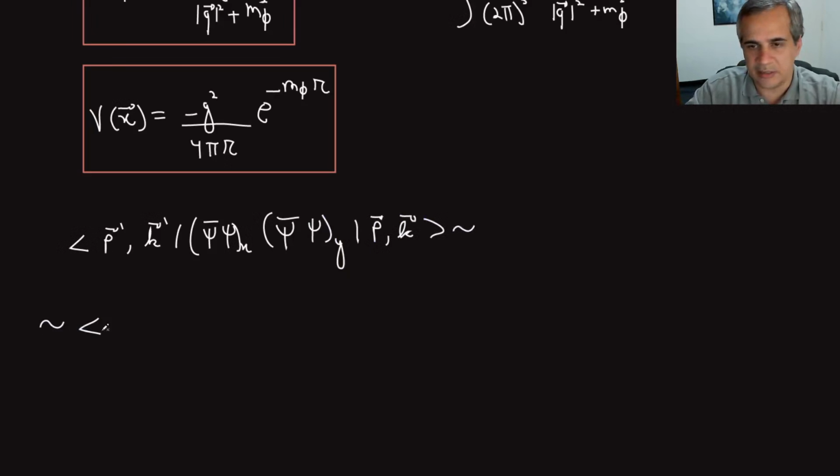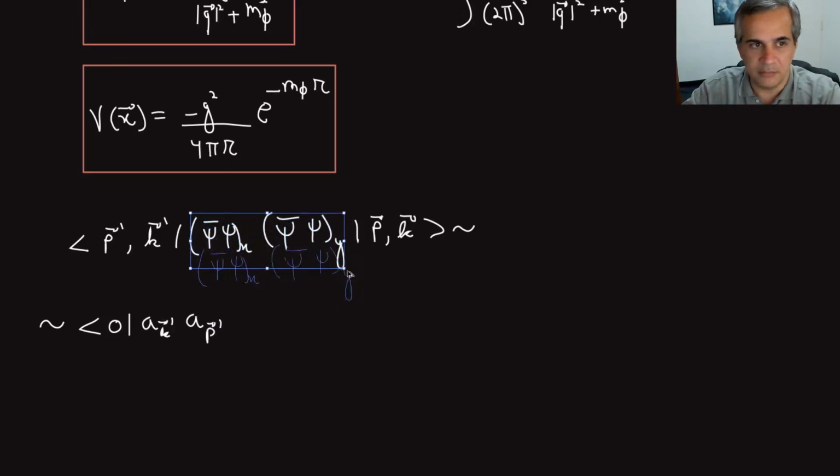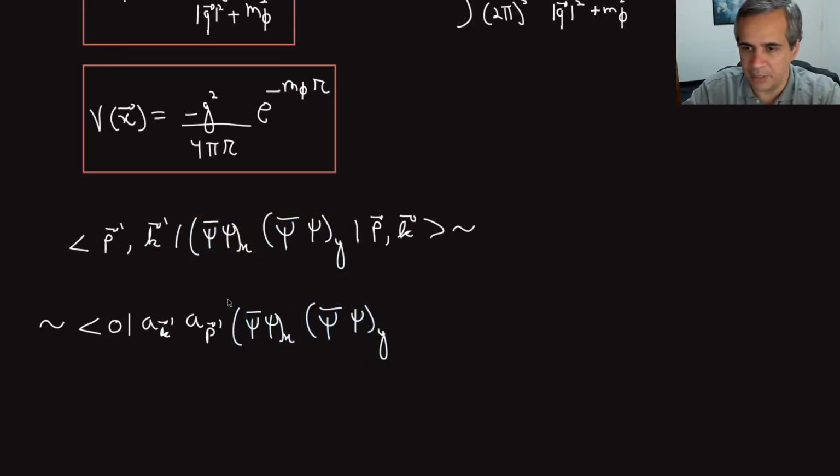This can be written as 0, A K prime, and A P prime, and this is the convention, and not putting A here. This is the same, but let me write it like this.